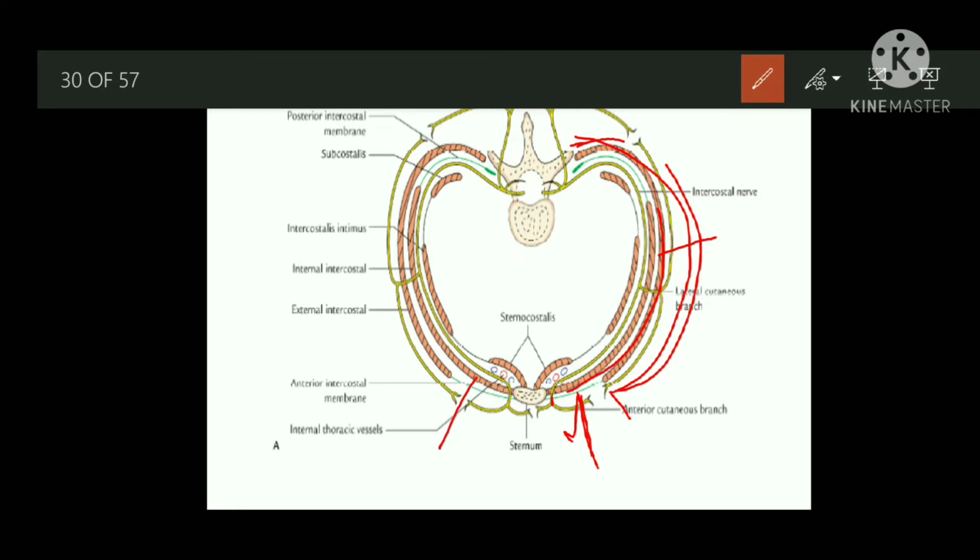This internal intercostal muscle is the intermediate or second layer that extends from the lateral border of the sternum till the angle of the rib, where it is replaced by the posterior intercostal membrane.